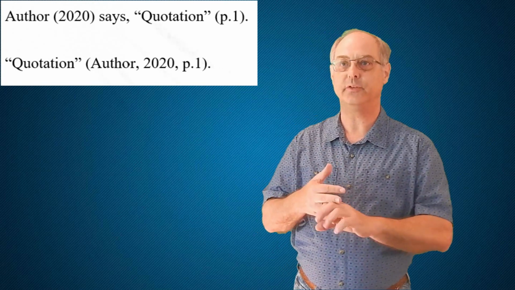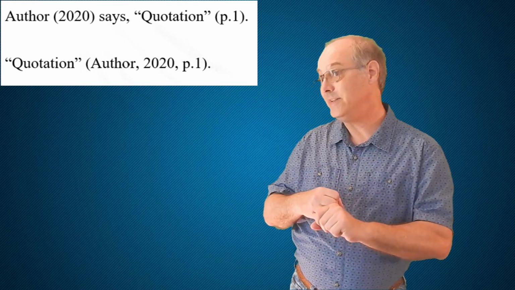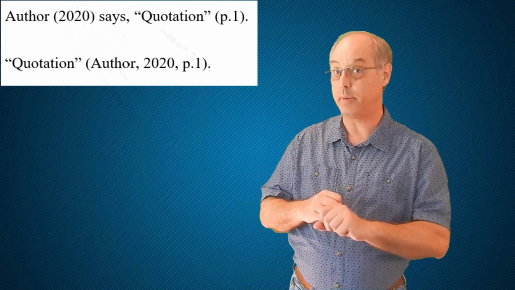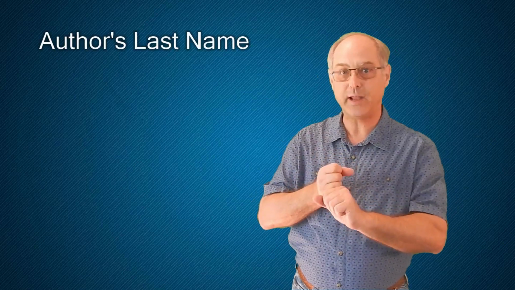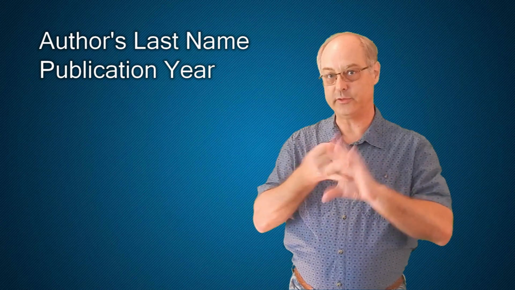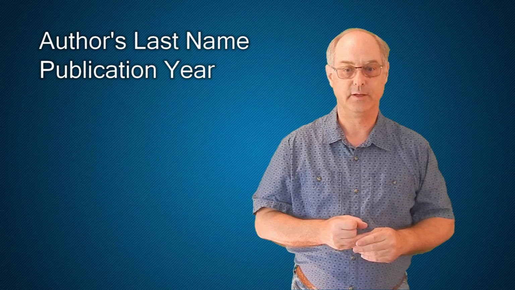So in the citations, you have two primary pieces of information and maybe some supplemental information. And these are handled mostly by parentheses. The two primary pieces of information are the author's last name and the publication year. So those are the two pieces of information that are at the front of your reference.